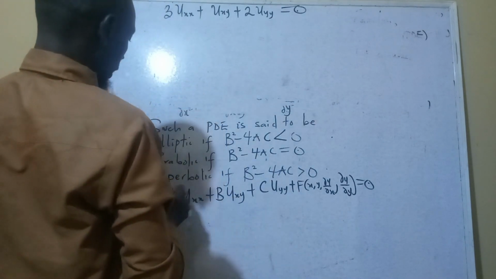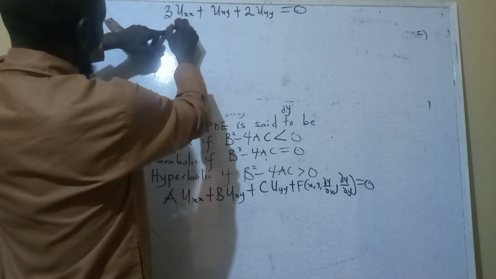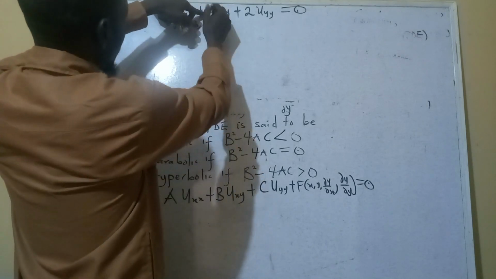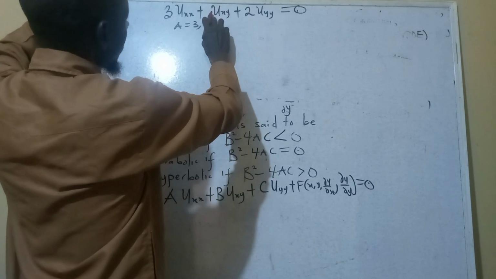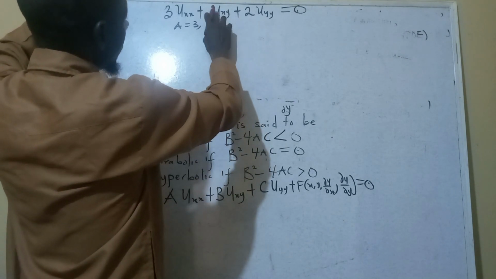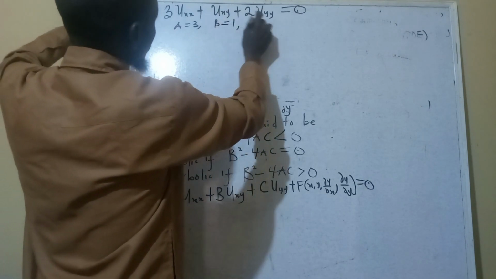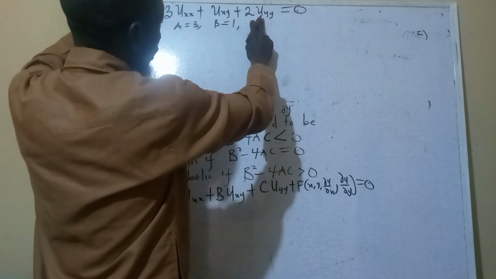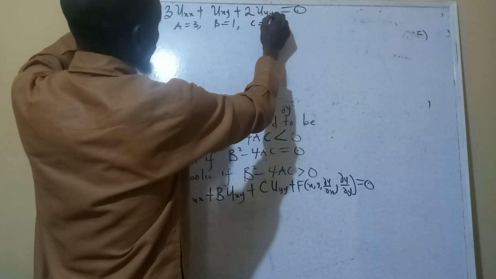So when you look at this equation, you can see that my a here is equal to 3xy. The coefficient of u_xy, that is the second derivative over dx dy, will be 1. Similarly, my c here is for the second derivative over dy squared, so my c is equal to 2.